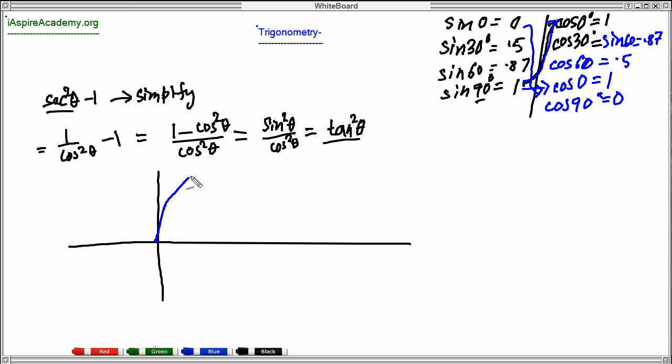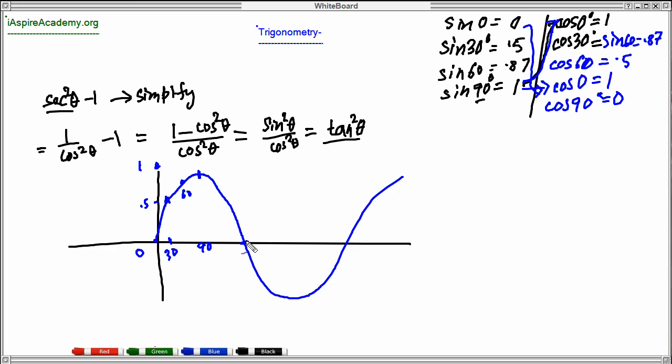If you try to draw the graph of sine, it's like this. This is 0 and this is 1 and this is 0.5. This is 30 degree, this is 90 degree, this is probably 60 degree.